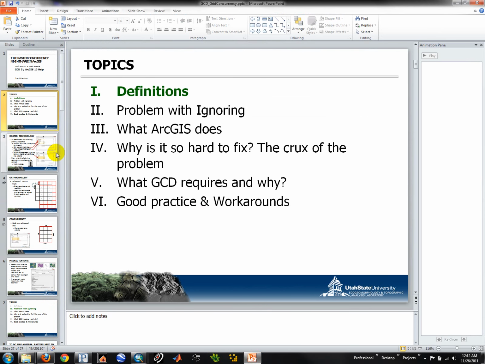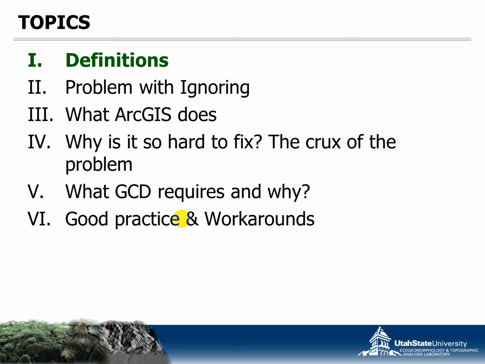And so hopefully what you take away from this is that you really do need to care about grid concurrency, orthogonality, etc. And the good practice for the fixes for this are actually pretty simple. You just need to be conscious of them and very consistent with them up front. And after that, everything's easier.